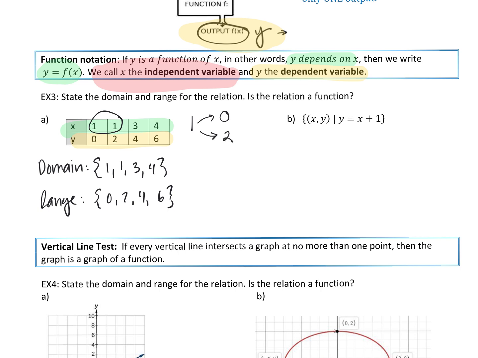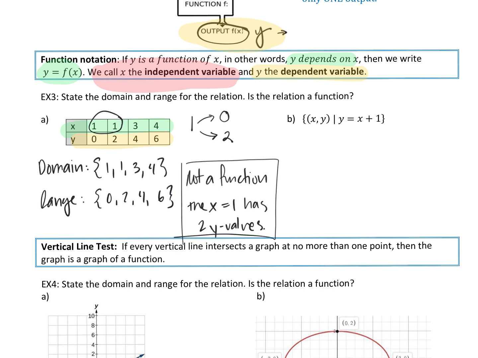This x value has a 0 and a 2. That does not make sense for functions. So this may be a relation, but it's not a function. Not a function. And then you write your reason. The x equals 1 has 2 y values. Again, state your reason on why you said no.